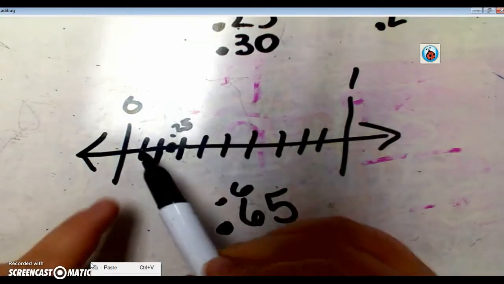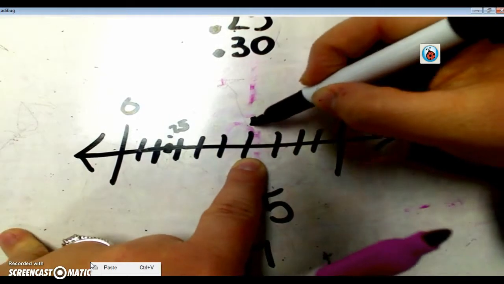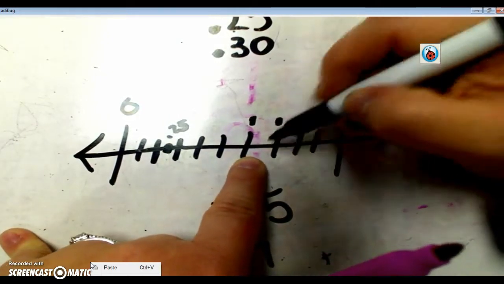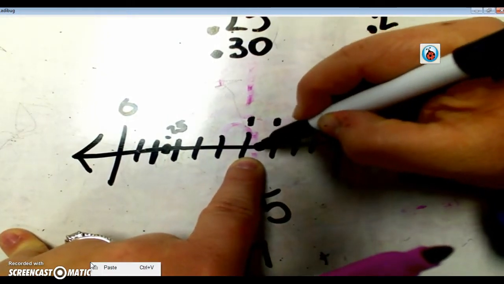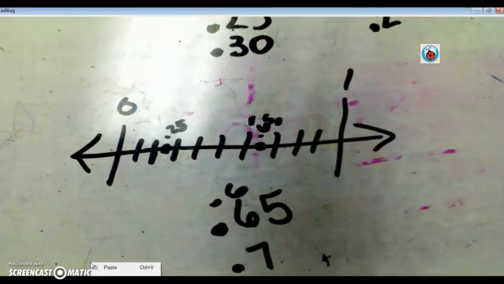Find 6. Here's 1, 2, 3, 4, 5, 6. So here's 6/10. Here's 7/10. 0.65 is going to go right in the middle, and I would label it 0.65. Okay?